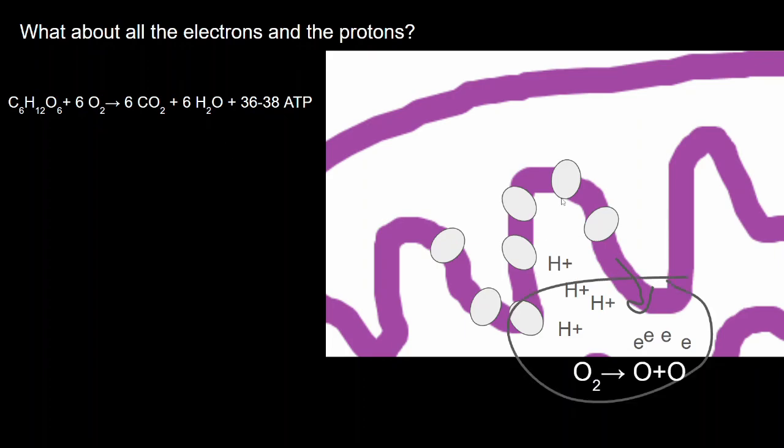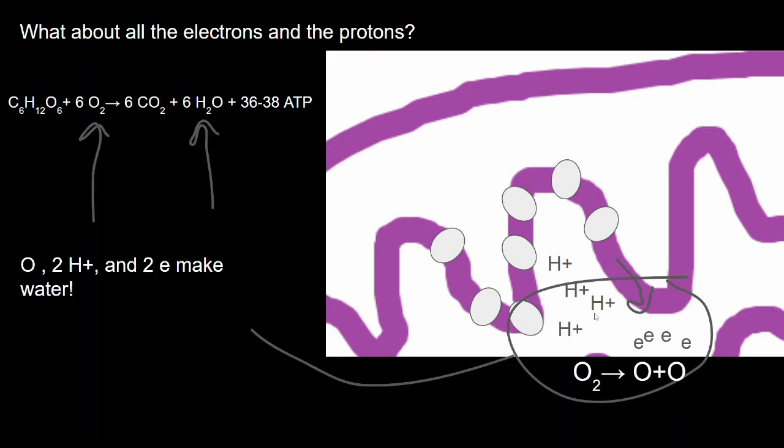So at the end, when all these electrons are leaving, what actually happens is that oxygen comes in and it splits up. It turns from O2 to just individual oxygen atoms. It accepts these extra electrons and it accepts these hydrogen ions or protons. H2O means two hydrogen atoms and one oxygen atom.